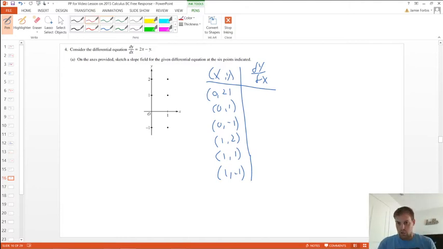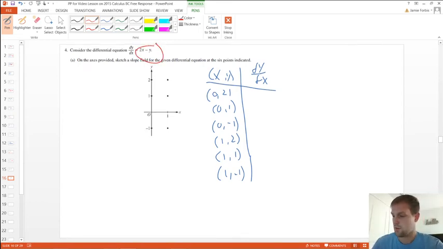Okay, so those are our points, and if we plug those x and y values into our differential equation, what I'm getting is -2, -1, 1, 0, 1, and 3. You can pause the video and test those out if you like.